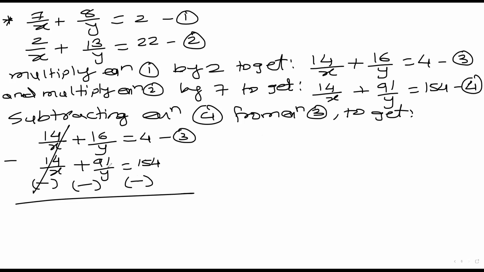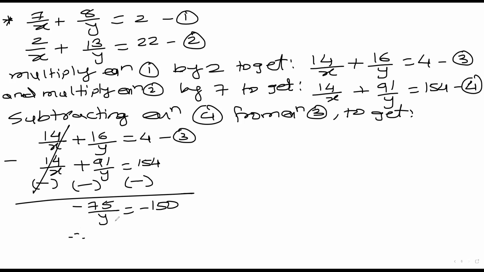So here 16 upon y minus 91 upon y. What is the answer? Denominator is the same. Y is the denominator. Don't panic. You don't have to find LCM or anything like that. What do you get? Minus 75 upon y is equal to minus 150, right?